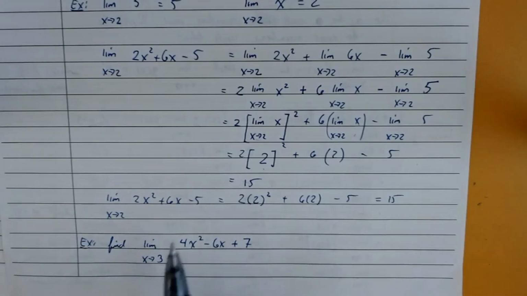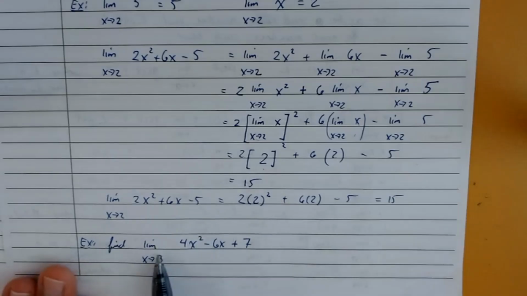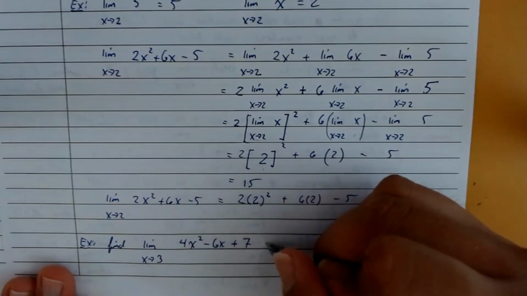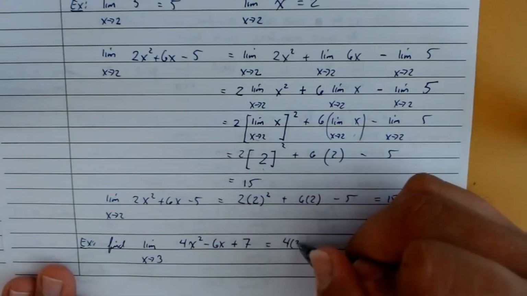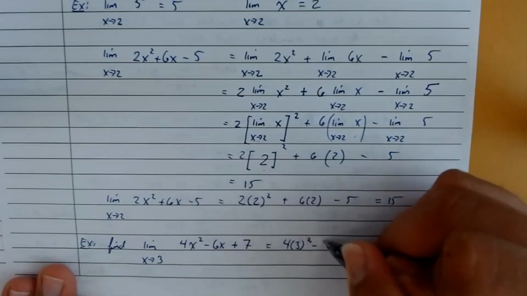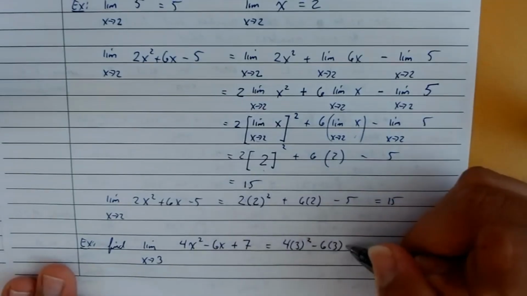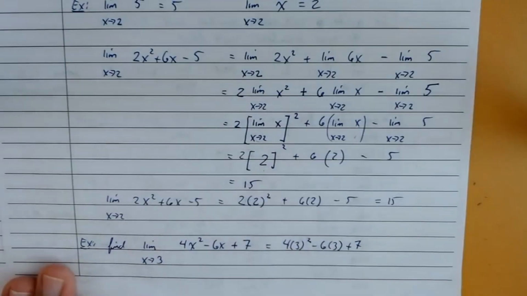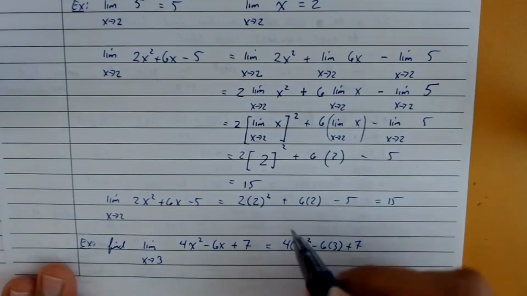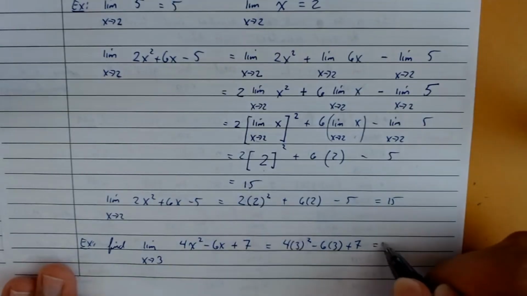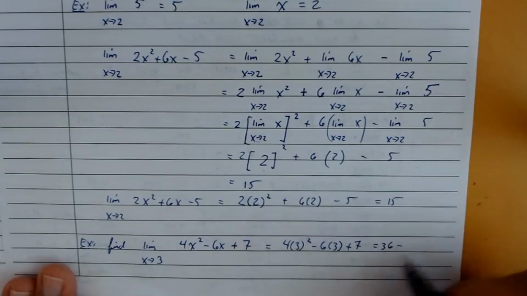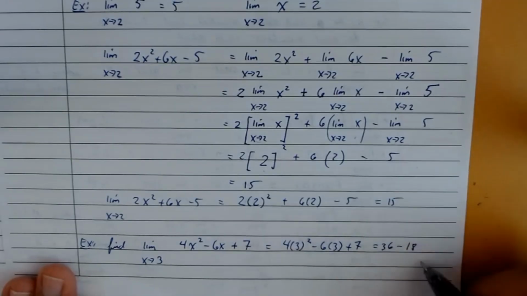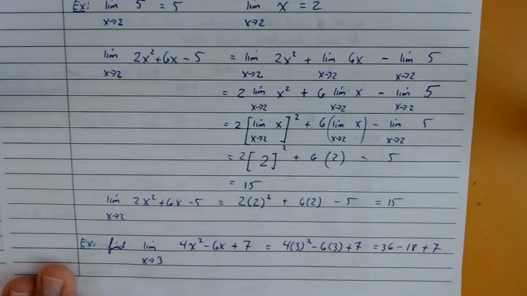All right. The property essentially says, take that number 3 that you're trying to approach and plug it in. So that's going to be 4 times 3 squared minus 6 times 3 plus 7. That's 9 times 4 is 36 minus 6 times 3 is 18 plus your 7.